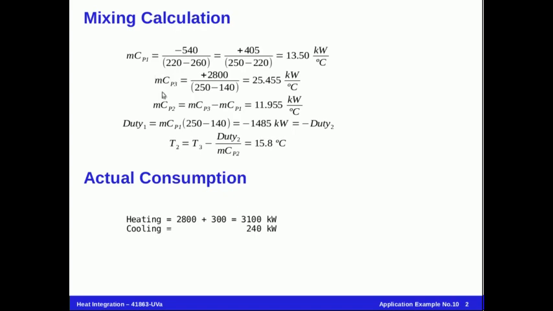As an approximation, we can suppose that the MCP of the hot plus the MCP of the cold is going to make the MCP of the mixture. This is not considering mixing effects, but we have nothing better.